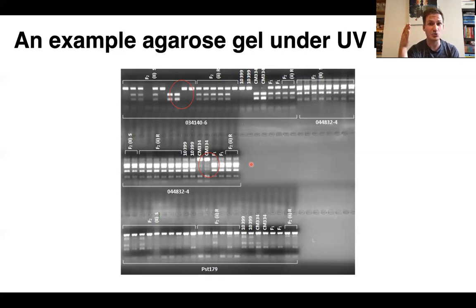So this is a real-life example of a disease resistance locus, or position, in chili peppers. I ran these gels. These are disease resistance genes in chili peppers that control resistance to a fungal pathogen called Phytophthora. We can see that all these lanes are from different individuals. A lot of the individuals are very similar to each other, but some are different.